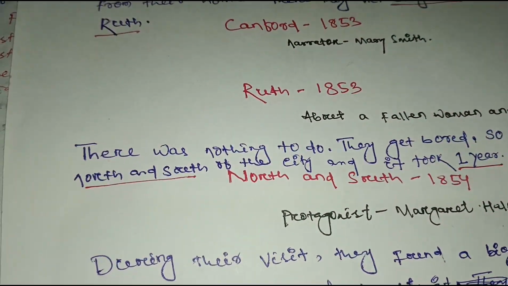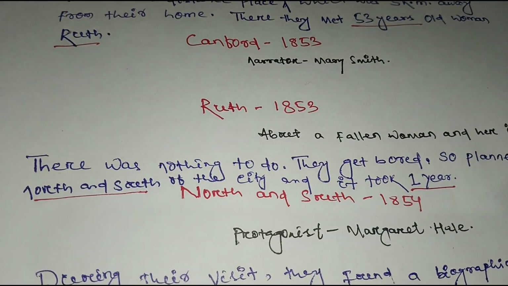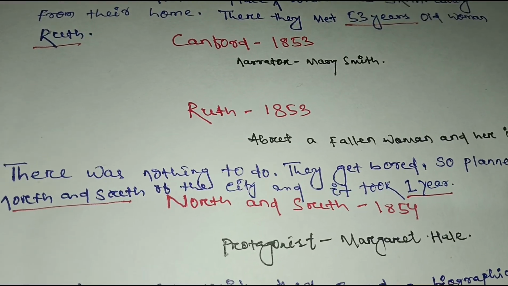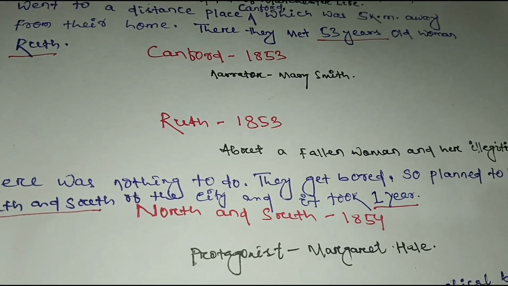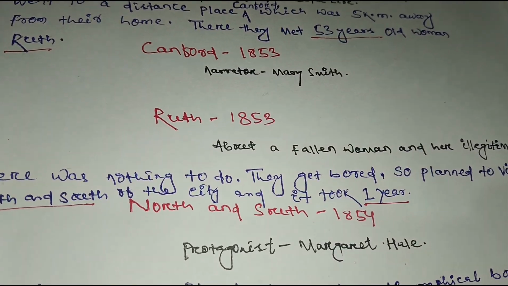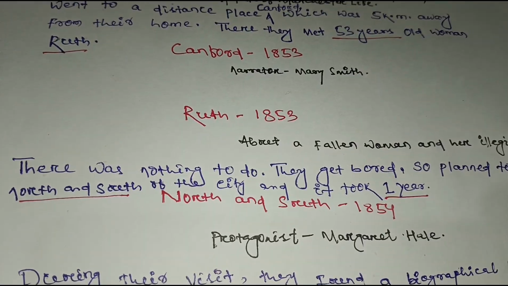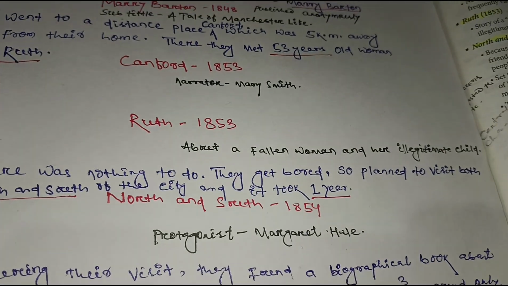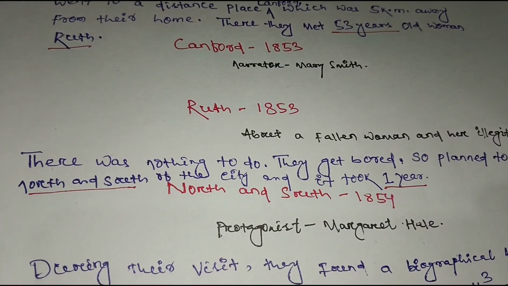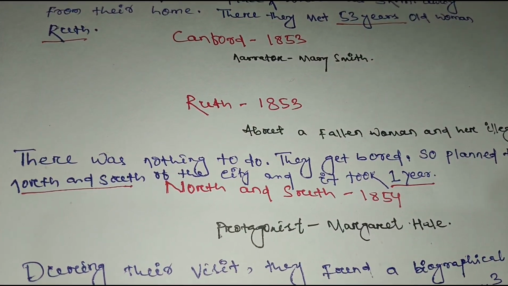But there was nothing to do. They reached Cranford, but there was nothing to do. So they got bored and planned to visit both north and south of the city, and it took 1 year.